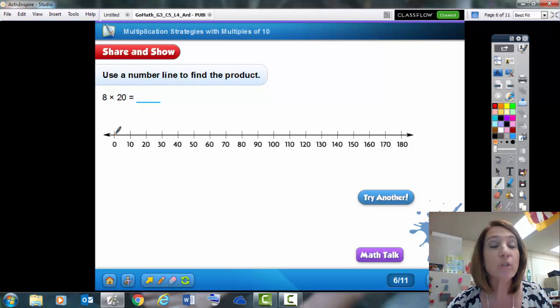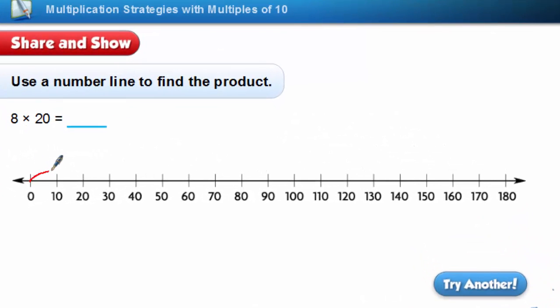We're going to jump 20 each, which is 2 tens. So here's 2 tens, jump another 2 tens, another 2 tens, which is 20, and then 20, and then 20, and then 20. How many jumps do I have? Good, 6. Always pause and recount sometimes.